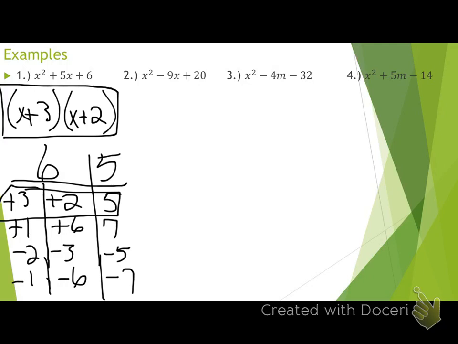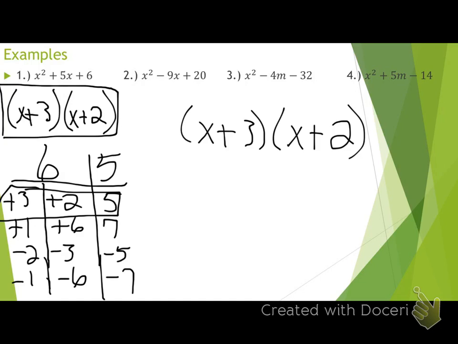FOIL. So x plus 3 times x plus 2. For F, what am I multiplying? The first terms in each set of parentheses. So what am I multiplying in this case? x times x. What's x times x? x squared.